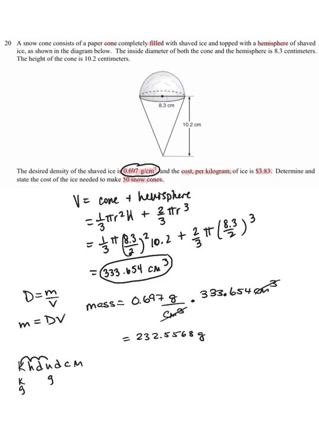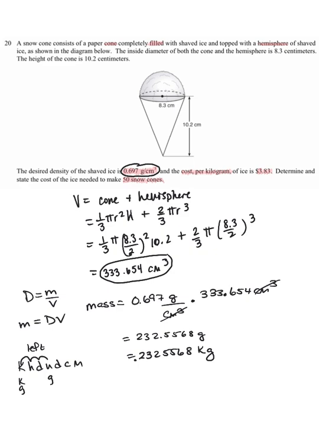Okay, think about it. Kilograms is a larger unit, so you're going to have less of that thing. So this is 0.2325568 kilograms. Larger unit, smaller number. Makes sense. So move the decimal left because you're going from grams to kilograms.